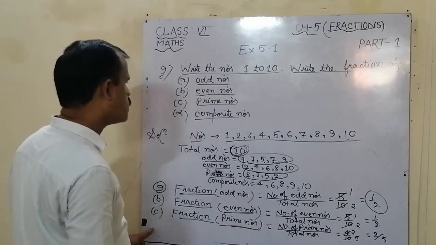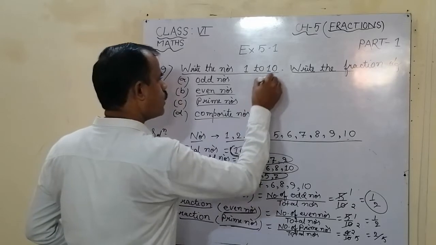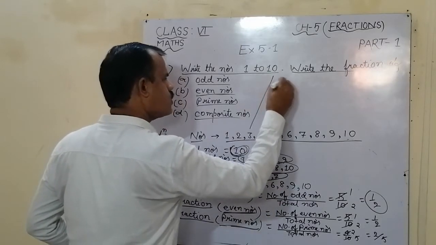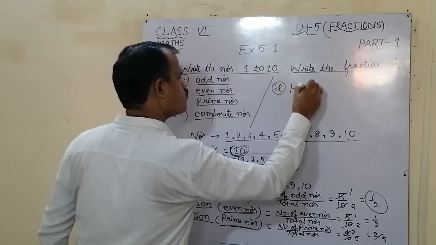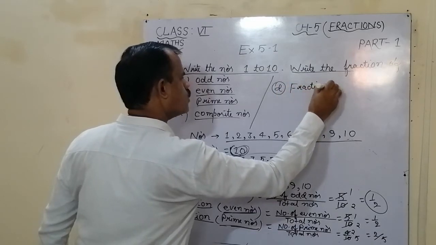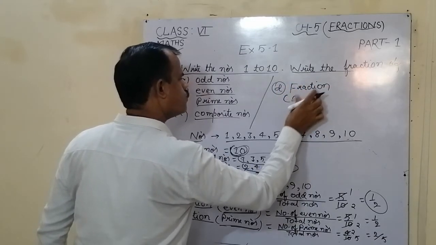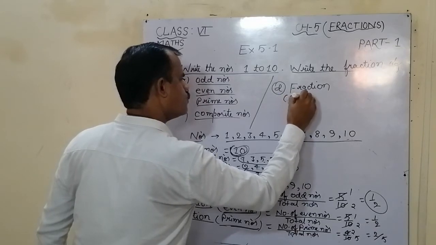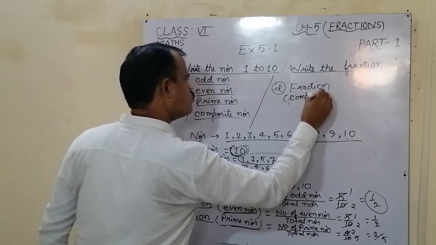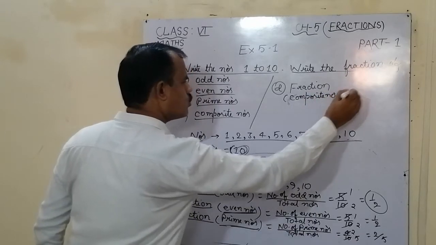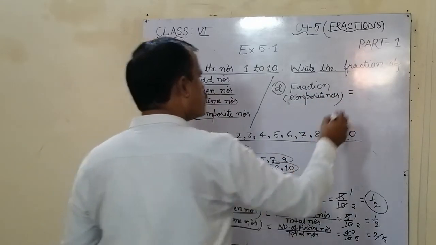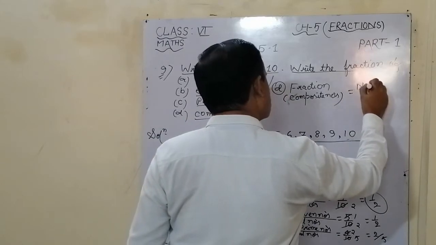One more question is there, D part. So we write here D part, fraction of composite numbers. So the formula is number of composite numbers by total numbers.